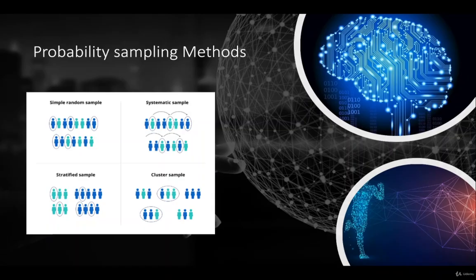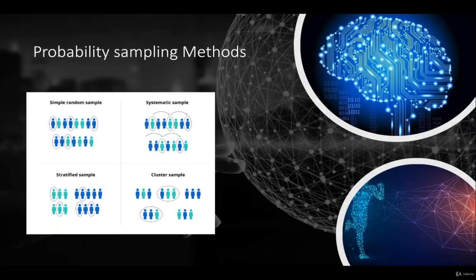In the probability sampling method, we have four sampling methods: the simple random sample, the systematic sample, the stratified sample, and finally the cluster sample. The simple random sample is basically, let's say you have a population of 1,000 people and you need 10 people for your sample.